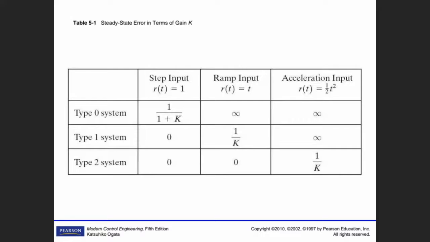For ramp input, it's infinite, and for acceleration input it is simply infinite. For type 1 system it is 1 over K. For type 2 system it is 1 over K. 0, 0, 1 over K. Of course, the steady state error is 0 for type 2 system here, and 0 for type 2 system there too.